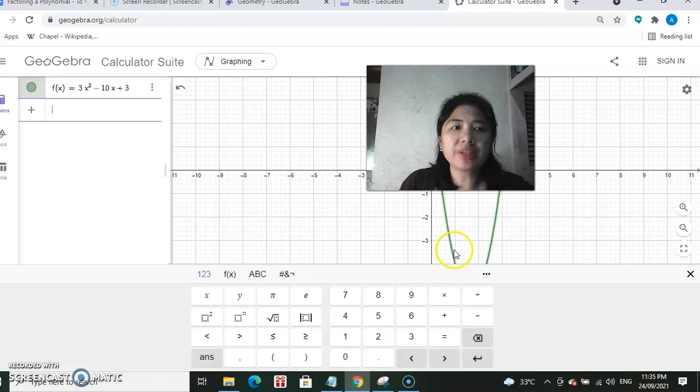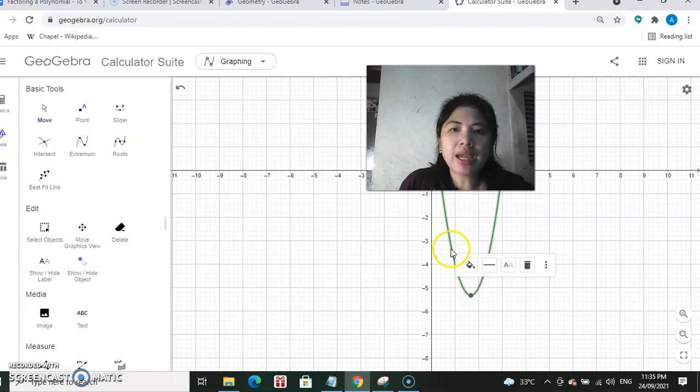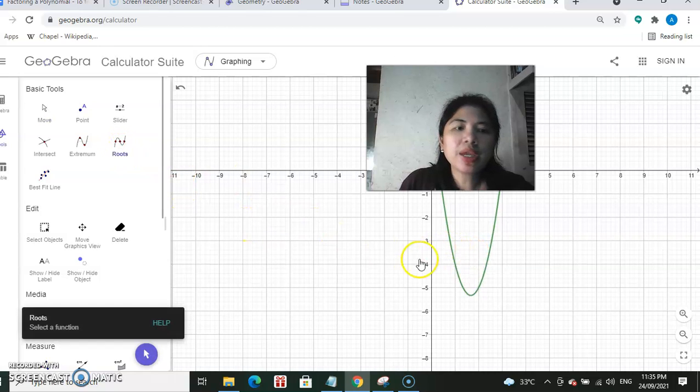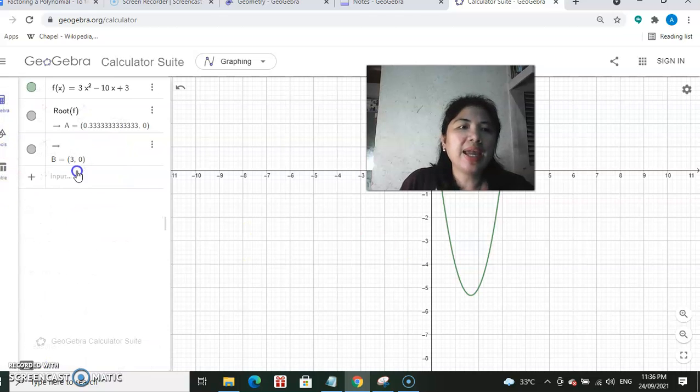Okay, so there's the graph. And then let's go to tools, select the graph, and then roots, and then select the graph. There. And we have here the root, 0.3, or that will be 1/3. The x is 1/3, and the y is 0. And the other root, x is 3, and the y is 0.